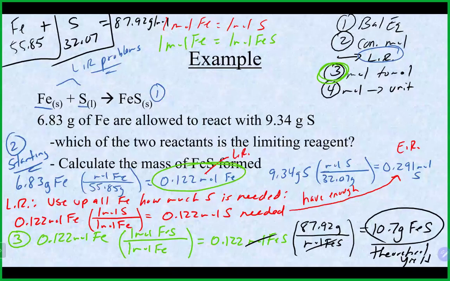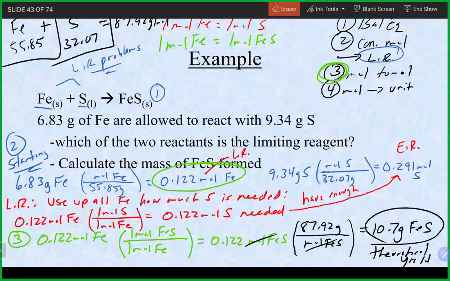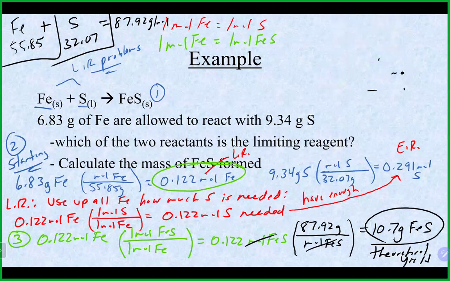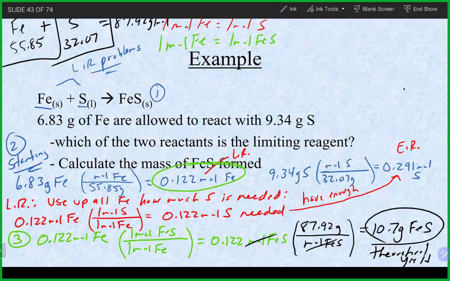Now, once again, we could very easily, if we were also asked to do so, which we were not obviously in this question, figure out how much of our excess reagent was left over. And once again, we could use our calculation that we used for our limiting reagent.